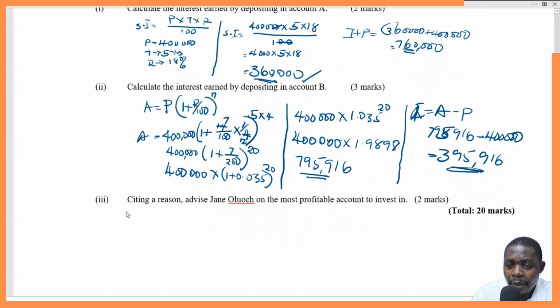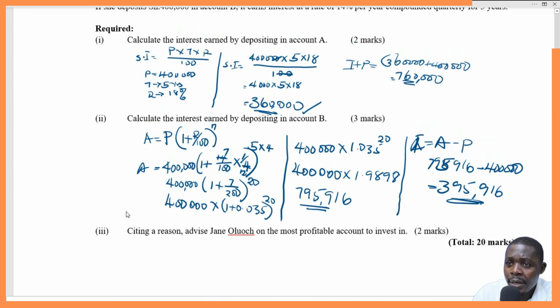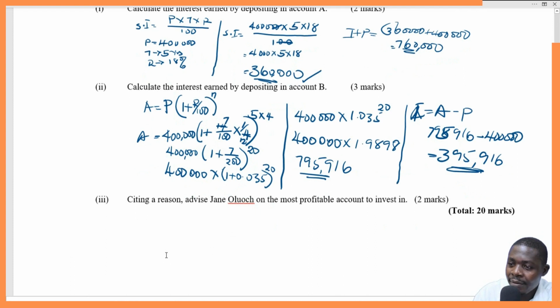Then lastly, citing a reason, advise Jane or watch on the most profitable account to invest. Remember, in account A the interest was 360,000. In account B, the interest is 395,916. Now in that case, we can advise Jane or watch.